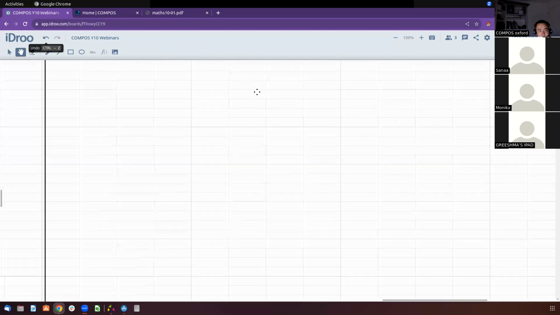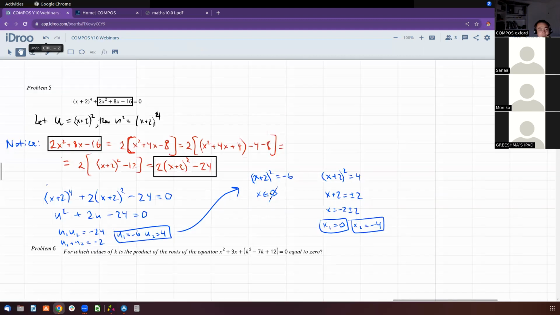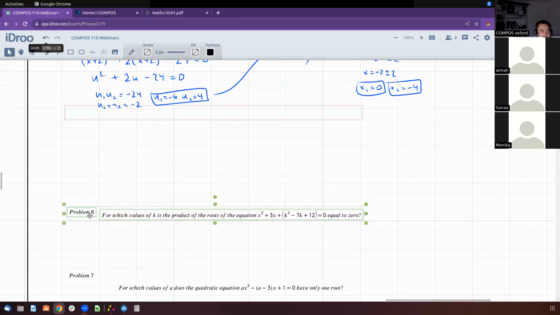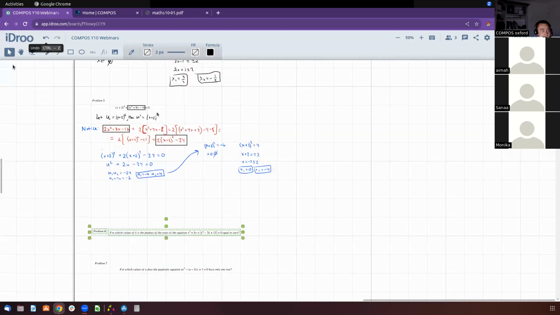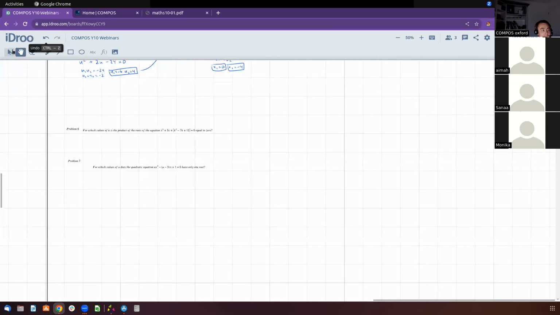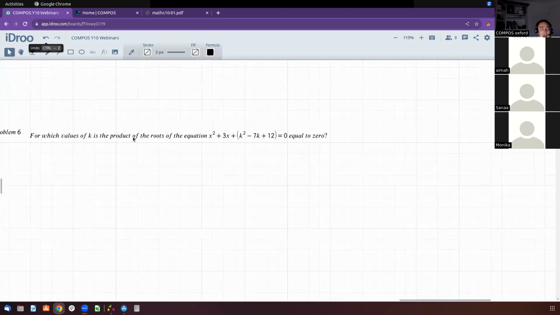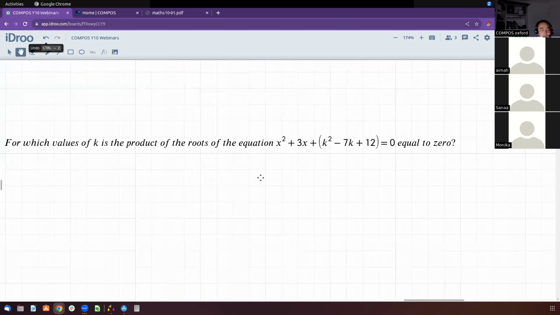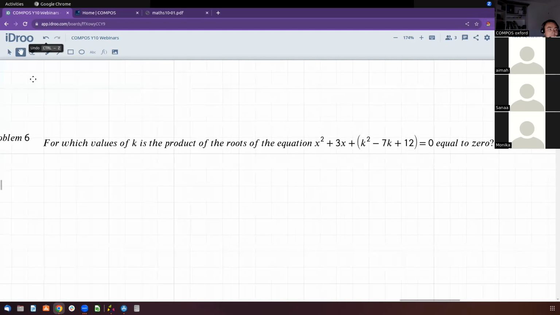Okay, so 6 and 7. Ooh, I love these. Love these questions. They are usually quite hard. Not these ones in particular, but these are called questions with parameters or equations with parameters.